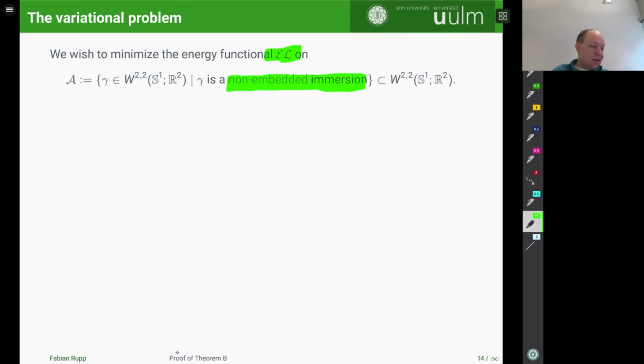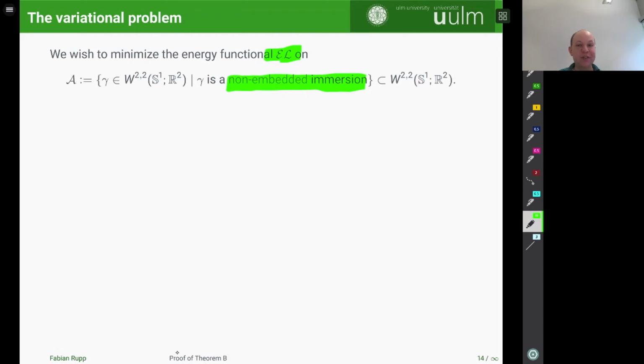And it is clear that if we can find an optimal threshold C star such that any curve with energy E times L below C star is embedded, then this value C star, if it is optimal, has to be the infimum of the energy E times L among non-embedded curves. And this is exactly what we do.